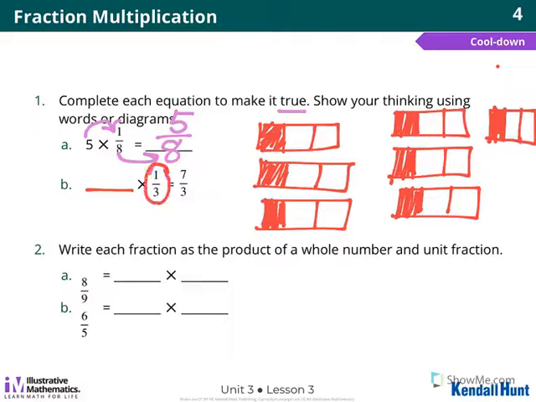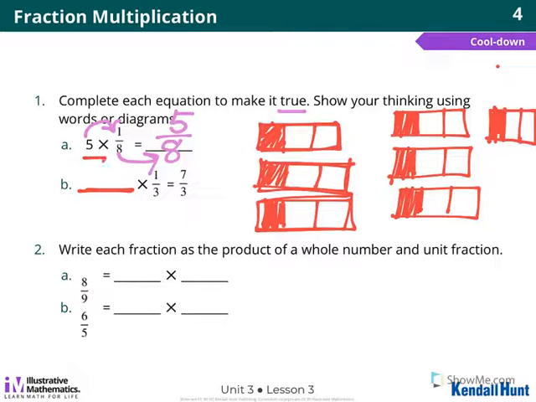This is also my unit fraction. So I need to think of a whole number that when I multiply it by 1/3, I will get 7/3. Well, I literally see 7 of my wholes, right?